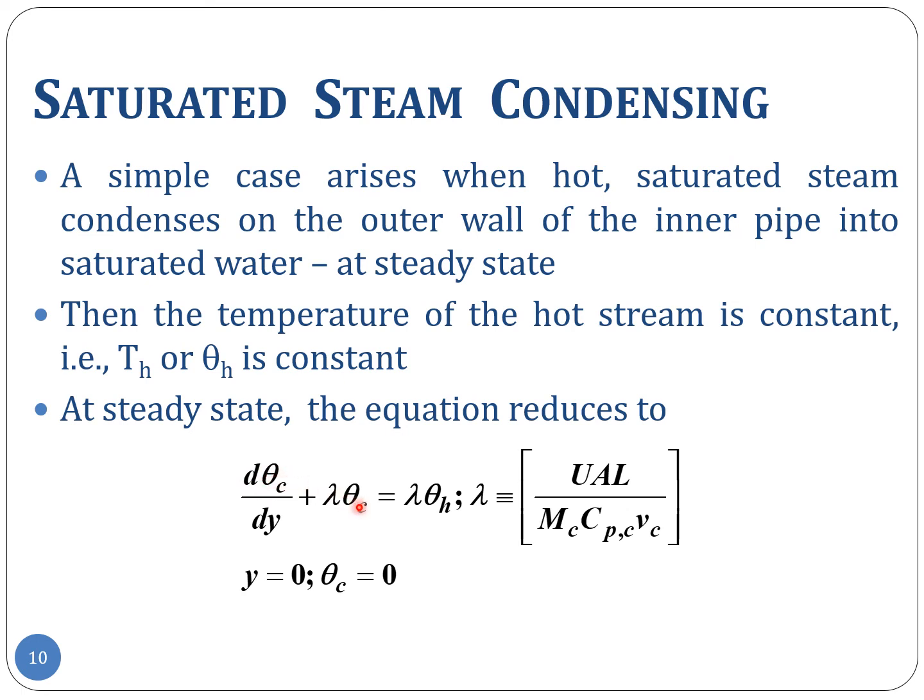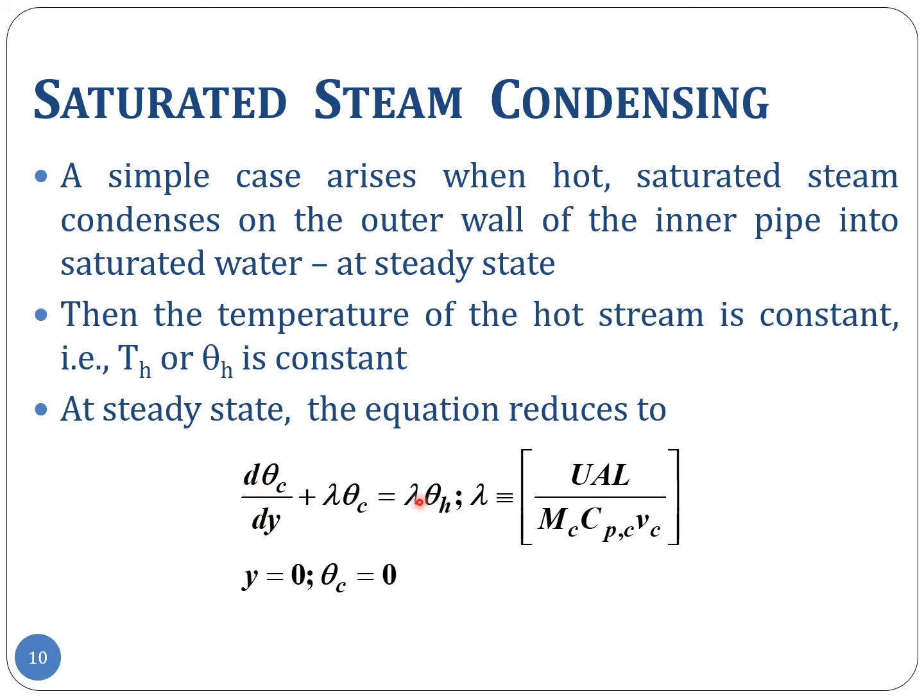This will give an exponential solution with respect to y, and that forcing function will merely alter the nature of the solution while keeping the exponential form the same. And lambda is basically, again, depending on whether the rate of heat transfer dominates or the rate of convection dominates, the extent of variation in the cold fluid temperature will be different.